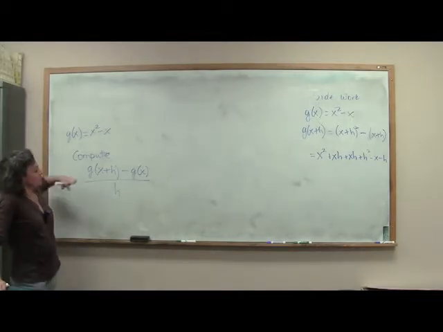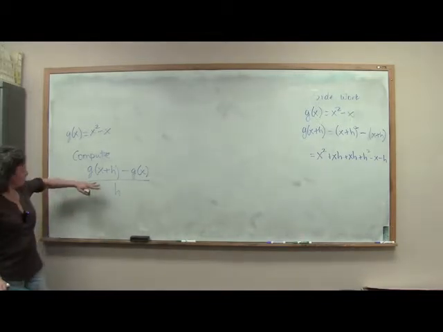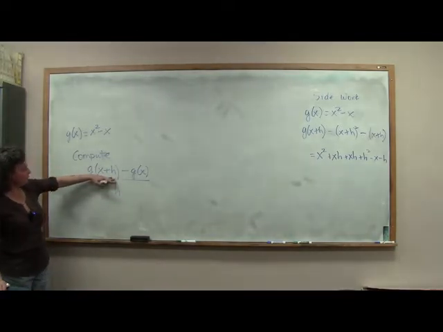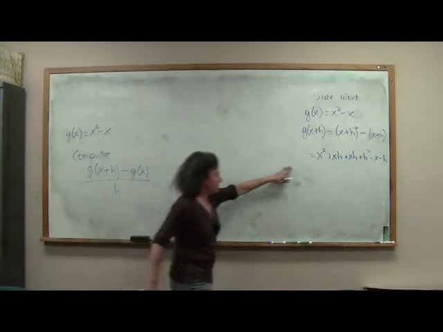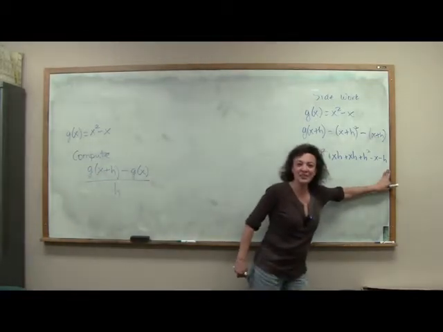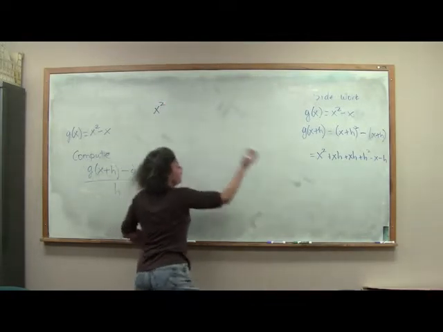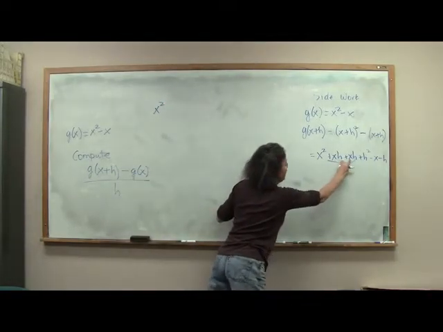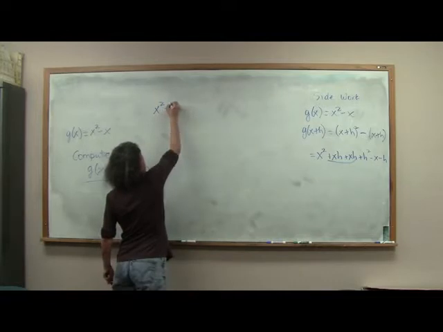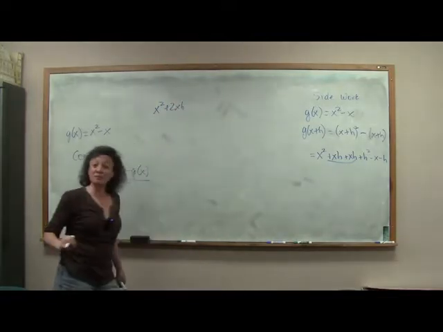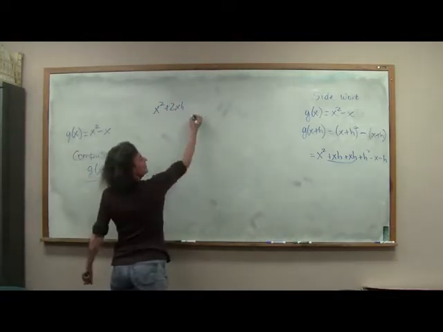Okay? Let's go back now that we've done our side work and do this computation. First thing, we want g of x plus h. Isn't g of x plus h this whole mess over here? Okay, let's write it out. X squared, oh, excuse me, my bad. Xh plus xh is plus 2xh. Might as well simplify what we can.